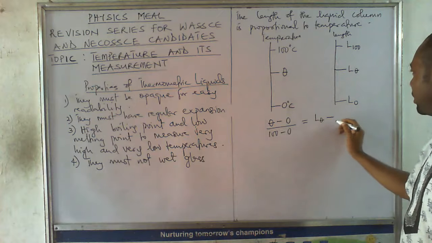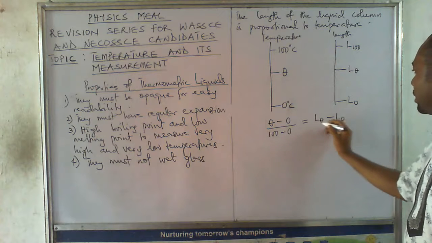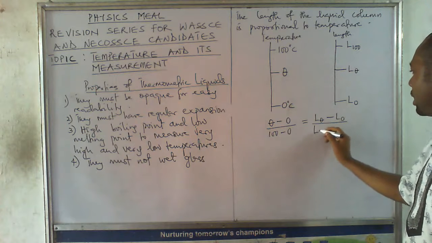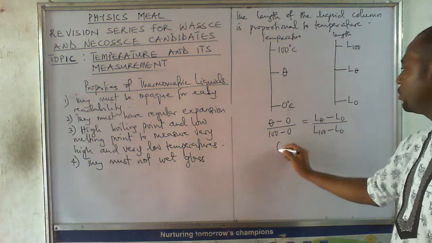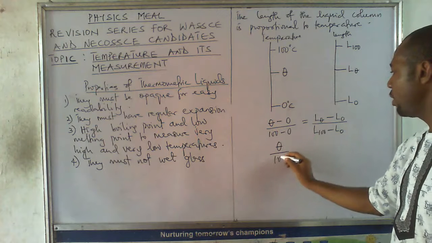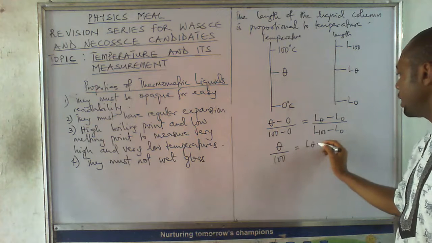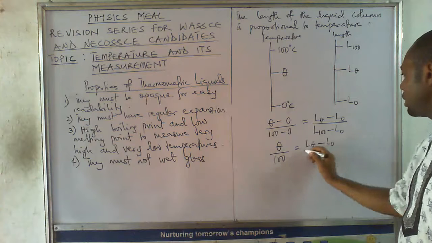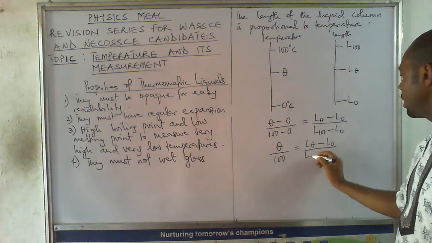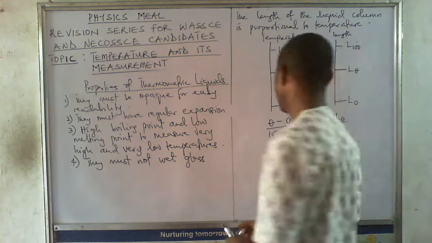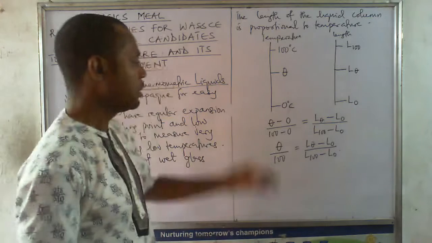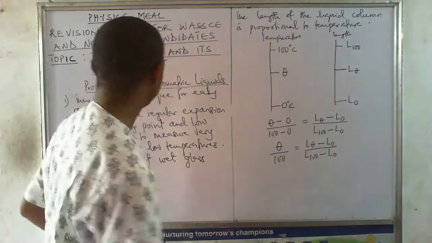Length at any given temperature minus length at 0 degrees all upon length at 100 degrees minus length at 0 degrees. If you reduce this, you have theta over 100 is equal to L theta minus L0 all upon L100 minus L0. That's the lower fixed point.